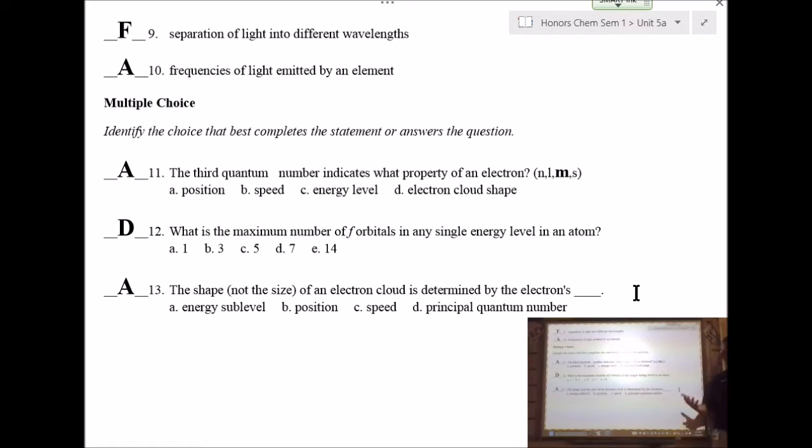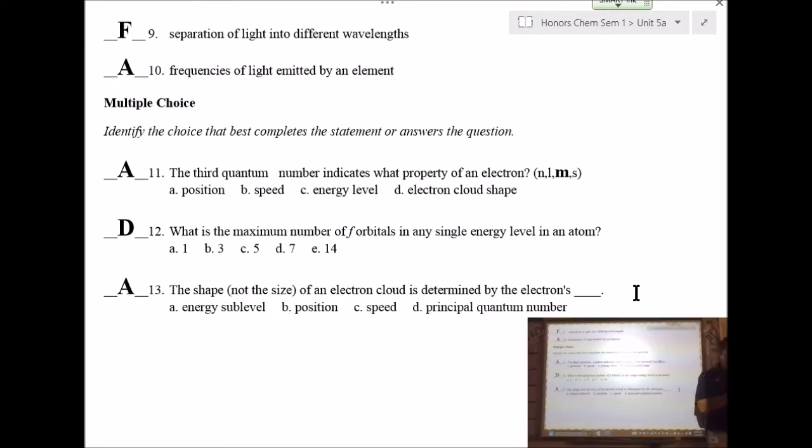So the bigger the energy level gets, the bigger that size gets. The second one deals with shape. So you have s orbital, p orbital, d orbital, f orbital. That's as high as we go. And then the third one deals with orientation. So that position is the closest to what orientation is.